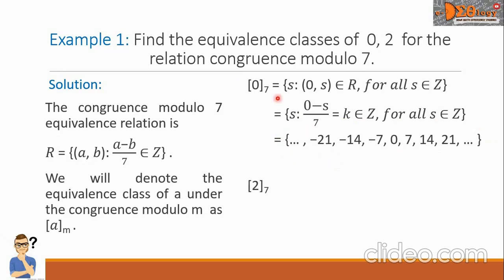Let's go now to the equivalence class of 2 for the relation congruence modulo 7.